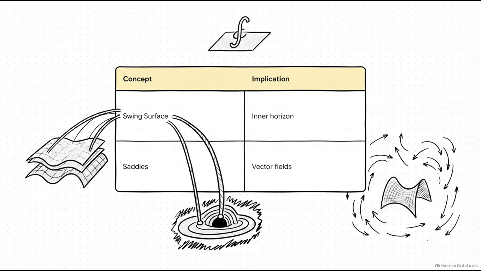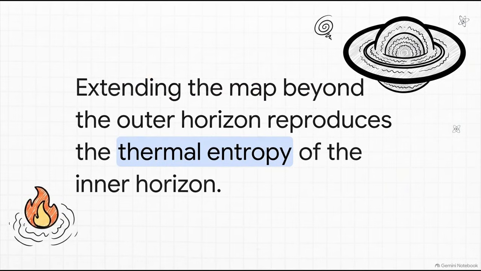The equations coming from this weird boundary theory begin to perfectly capture the inner horizon vector fields in subscale physics. The real reason physicists are paying such close attention to this seemingly backward, scare quote heavy math is simple. It works. By extending the mathematical map beyond a black hole's standard outer horizon, the swing surface computation successfully reproduces the thermal entropy of the black hole's inner horizon, and it does it from a flat limit calculation.